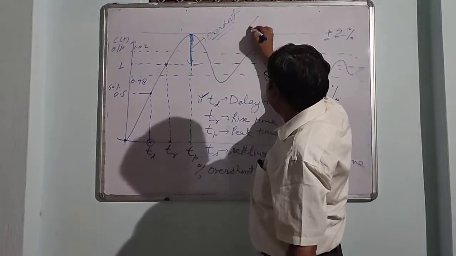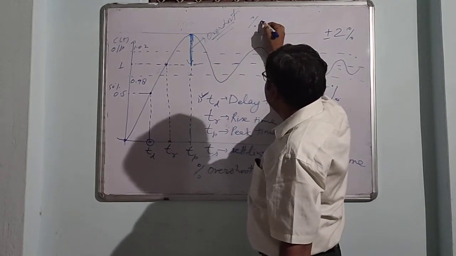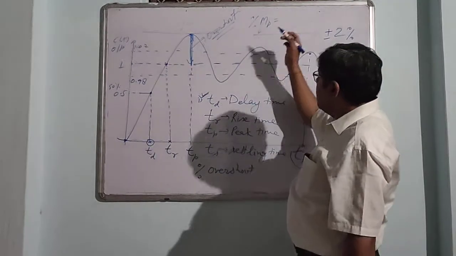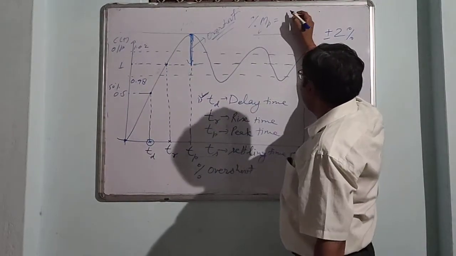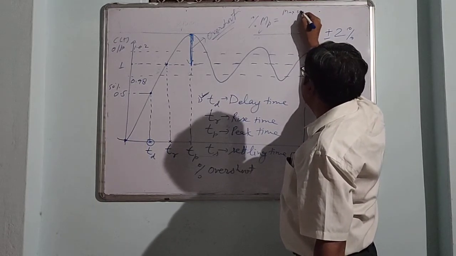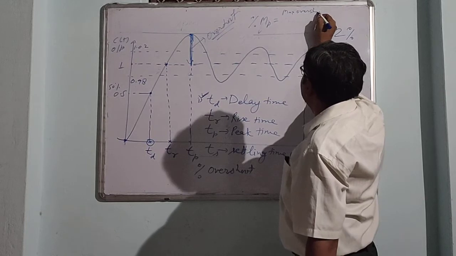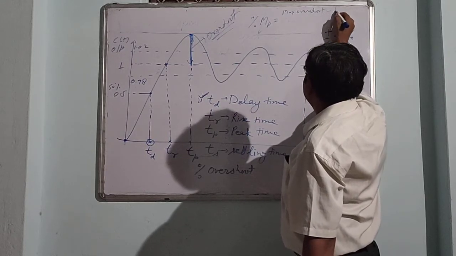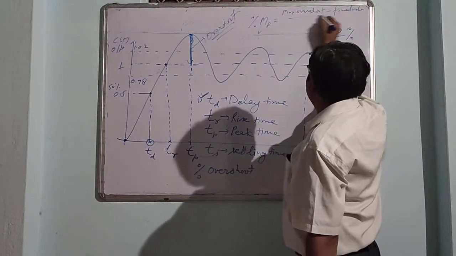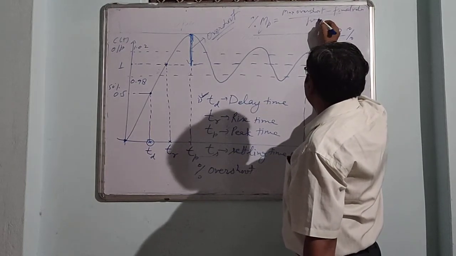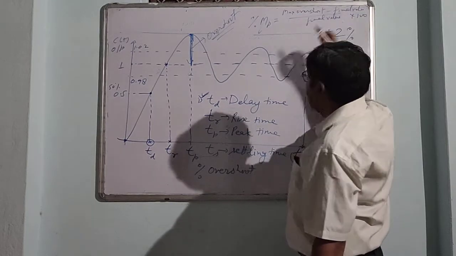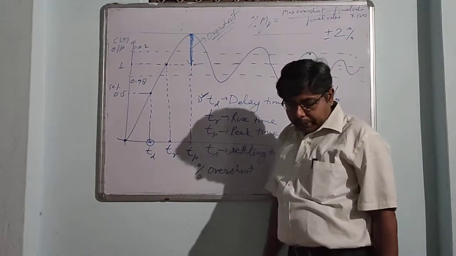And percent overshoot is represented by Mp. Percent overshoot is the maximum overshoot minus final value, upon final value, into 100. This is the percent overshoot.